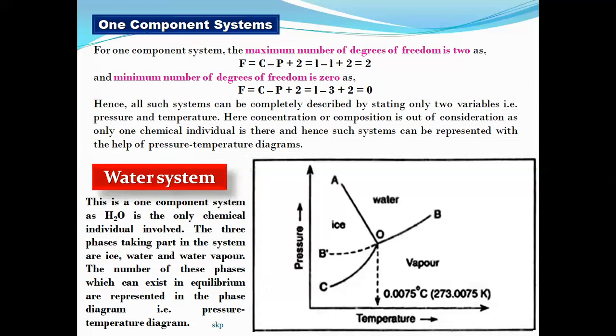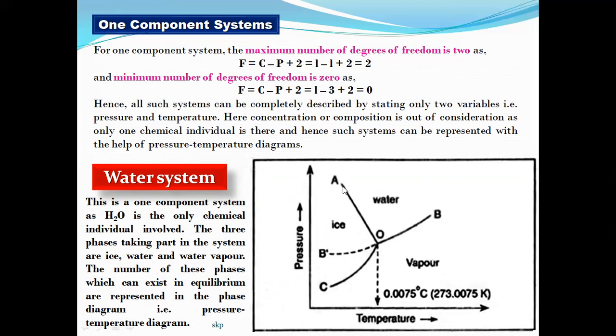The three phases taking part in the system are ice, water, and vapor, as we know the solid, liquid, and vapor states of water. The phases which can exist in equilibrium are represented in this phase diagram.